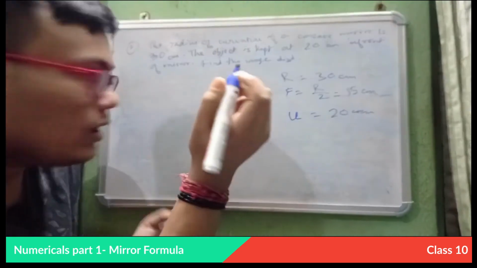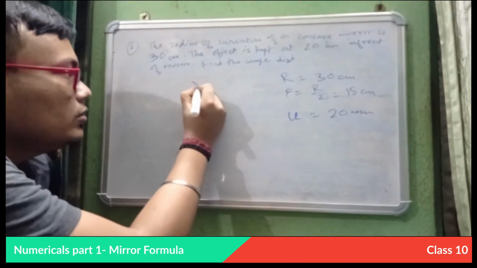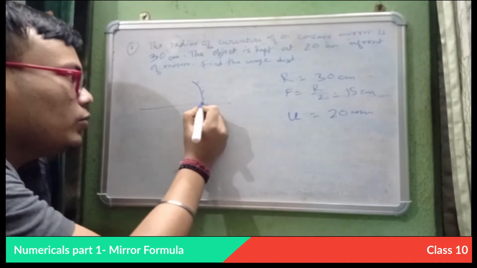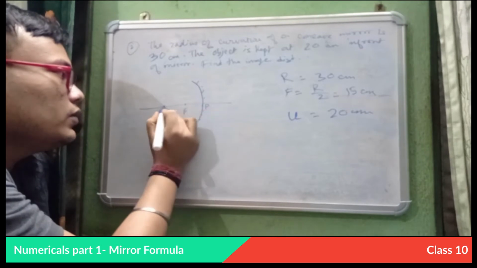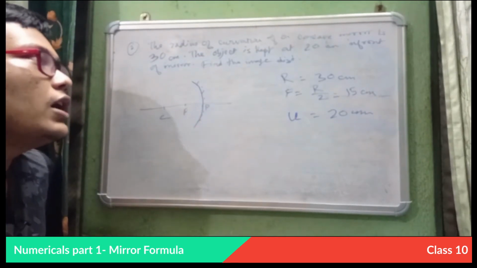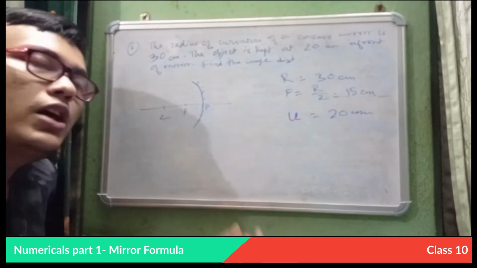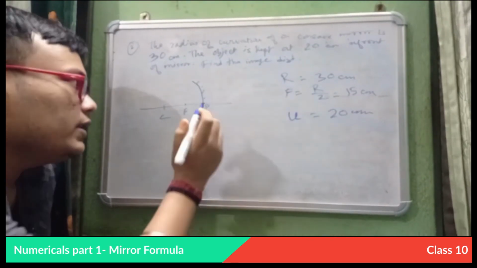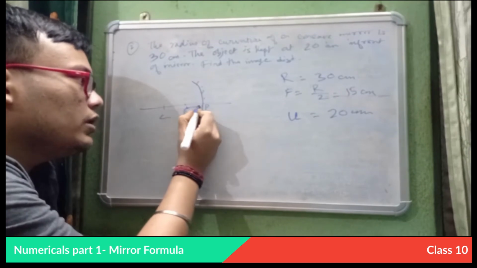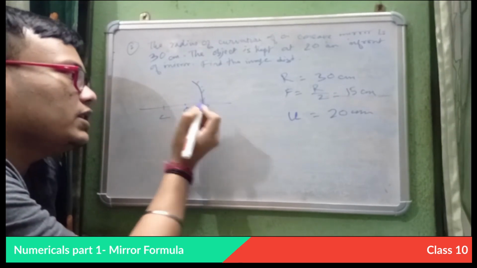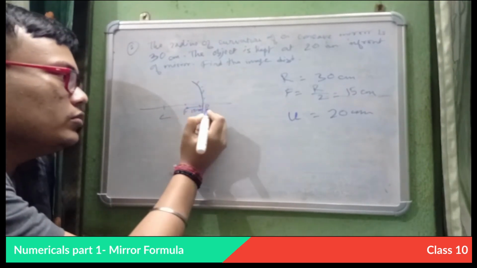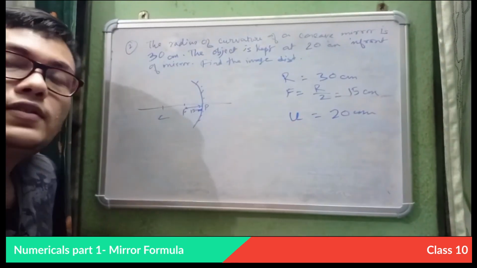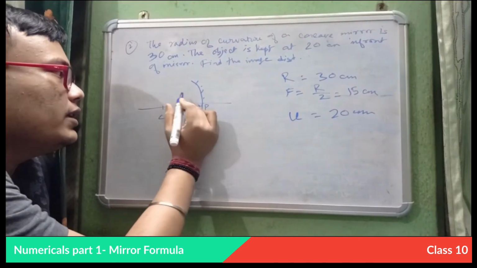If I draw a rough sketch, this is the concave mirror, this is pole, this is focus, this is center of curvature. The distance to the center of curvature is the radius, 30, so the focal length is 15 centimeter. Also given is u, the object distance, 20 centimeters.